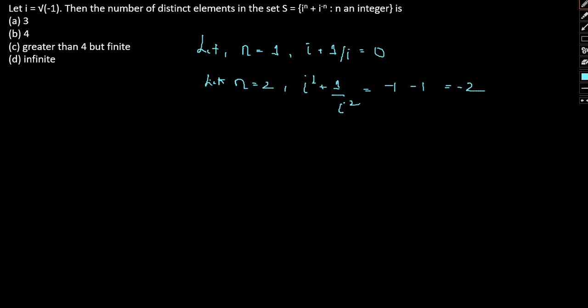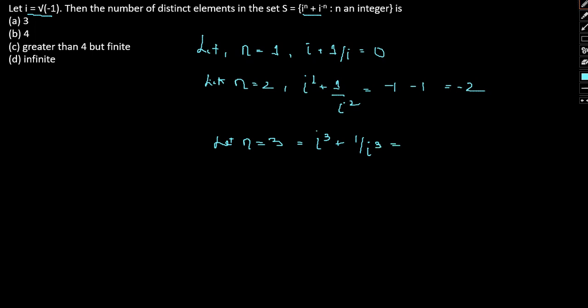So I hope you're getting how we are actually solving the same. We are simply using this particular formula to break this down, and subsequently we are using this as well. So let n equal to 3. This will give i cube plus 1 by i cube.